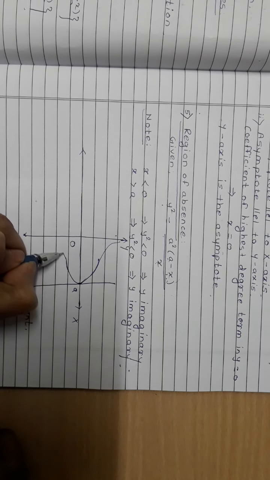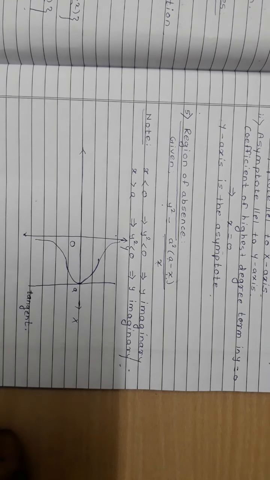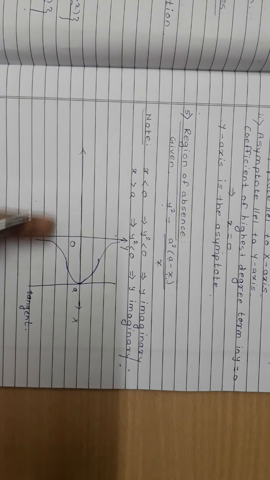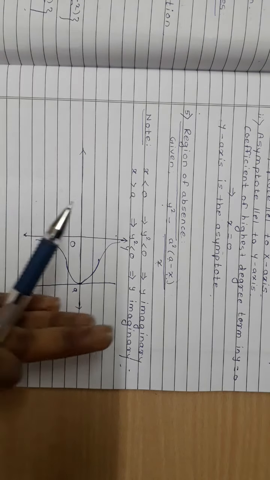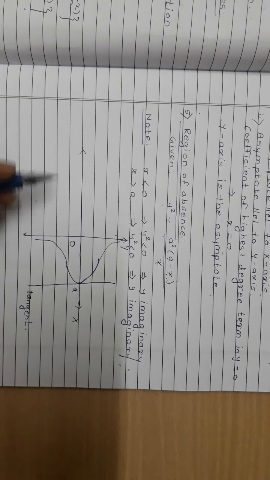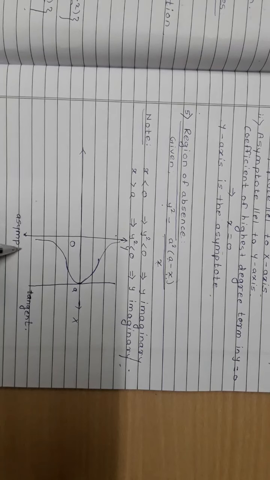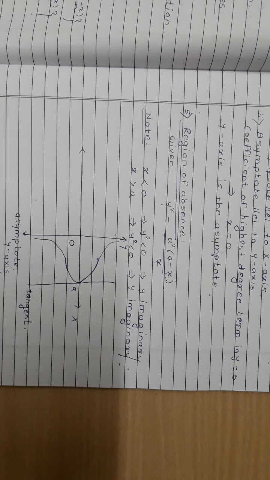Similarly this part you need to draw like this, it cannot touch the y-axis, right? And it will not go beyond as well, because this is the area of absence, this is the area of absence, and the y-axis is your asymptote. Correct? So that's it, right?